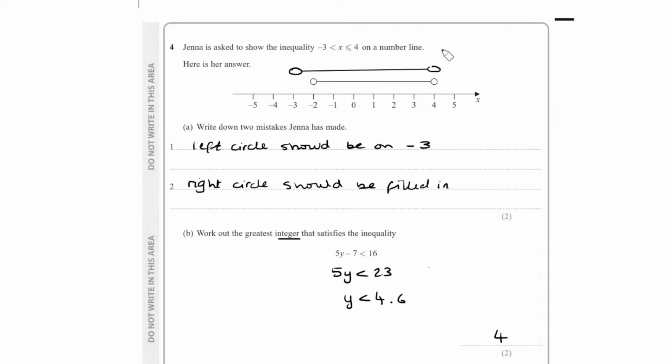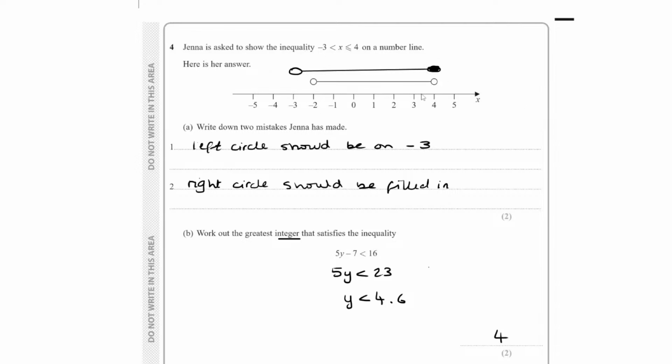The second mistake is then looking at the other side of it, the 4. It is drawn on the 4, so that's correct. But because it's less than or equal to 4, do you see how it's got that extra line? Which means it's less than 4, but it could also equal 4. Therefore, you have to colour it in. So my version is the correct version of that inequality.